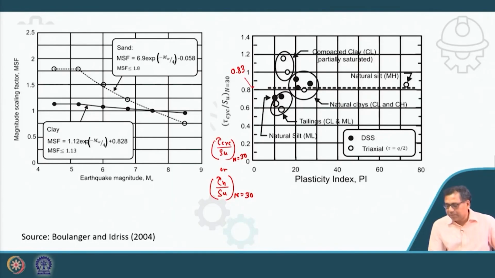This chart is given by Boulanger and Idriss. It is independent of plasticity index, so you can use 0.83.